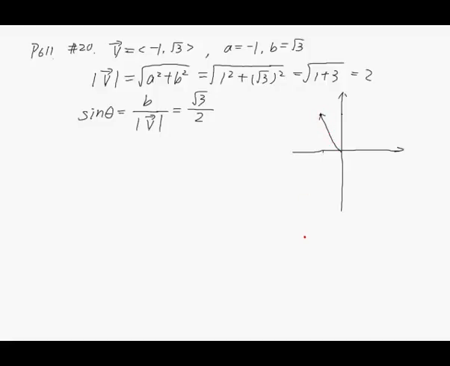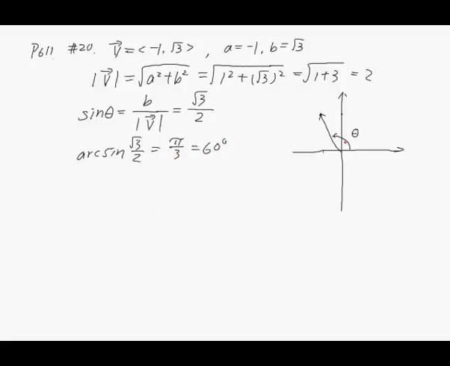Okay, so this is the direction angle. Now if you use the arc sine of root of 3 over 2, then you know this is equal to pi over 3, or say 60 degrees.